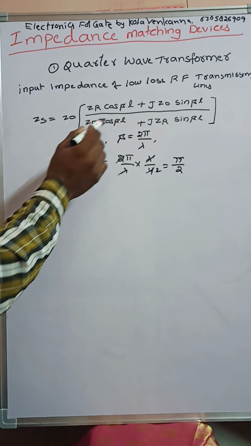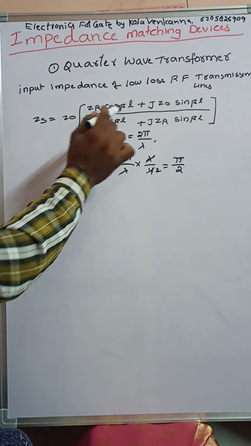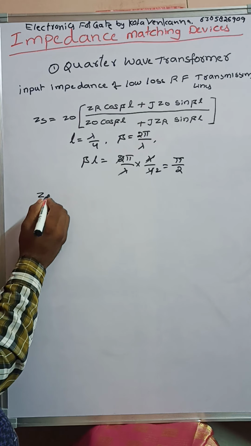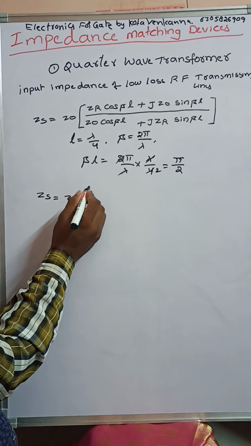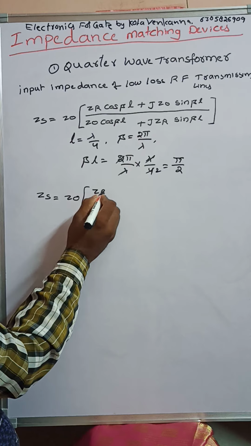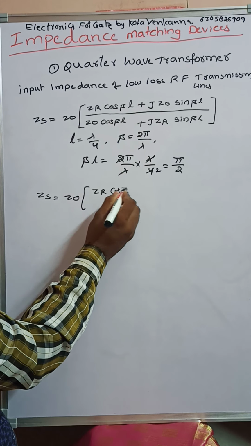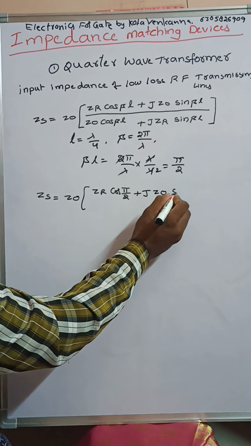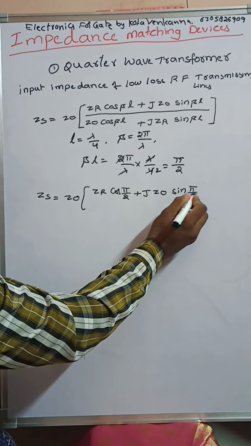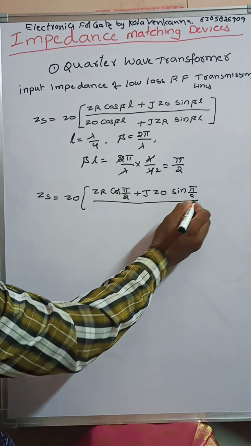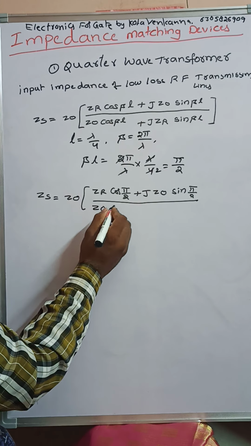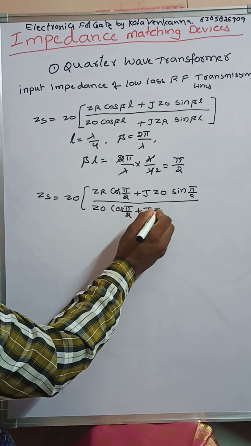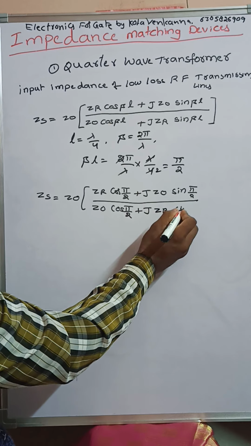In the above equation, in the place of beta L, we have to substitute pi by 2. So Zs is equal to Z0 times Zr cos pi by 2 plus j Z0 sin pi by 2, divided by Z0 cos pi by 2 plus j Zr sin pi by 2.